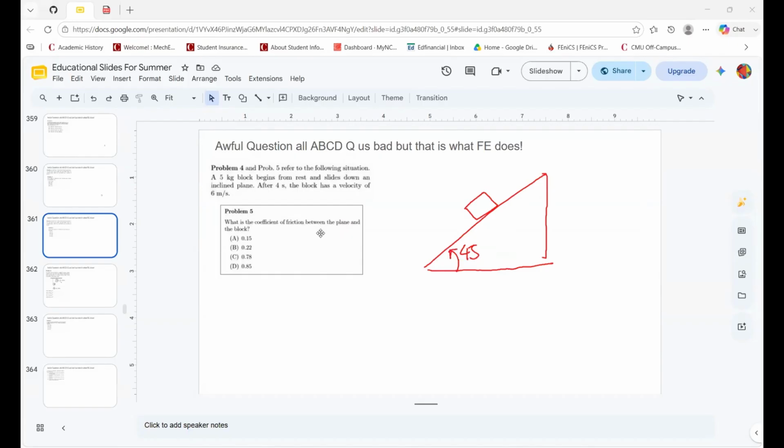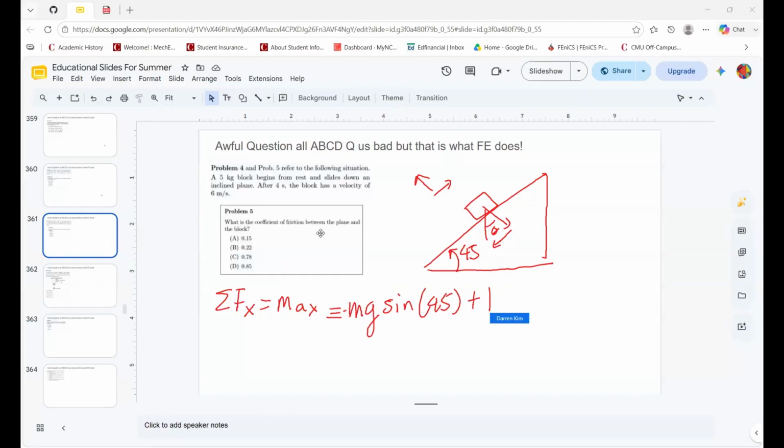We take the summation of Fx equals max, which right now is mg sine 45, going downwards, minus the friction force, which we can replace with mu N, positive and negative.